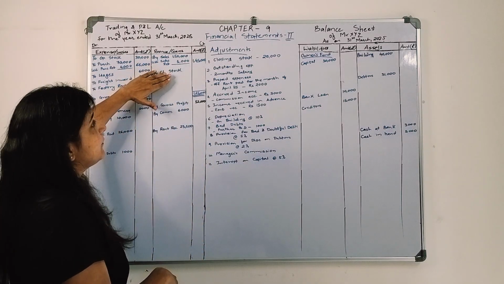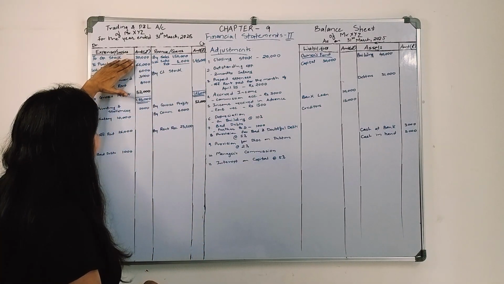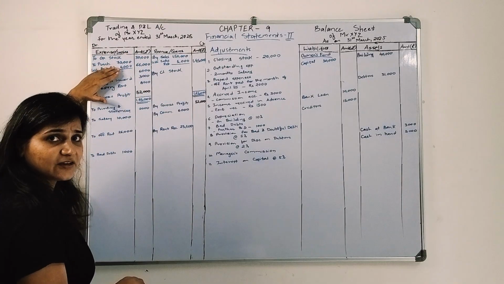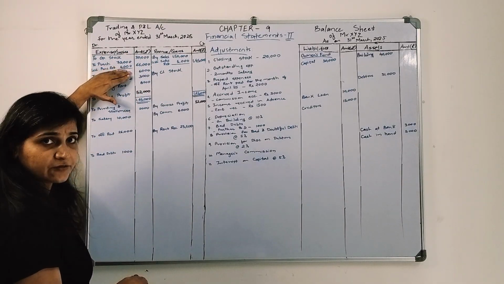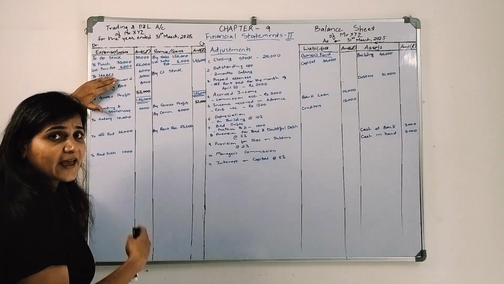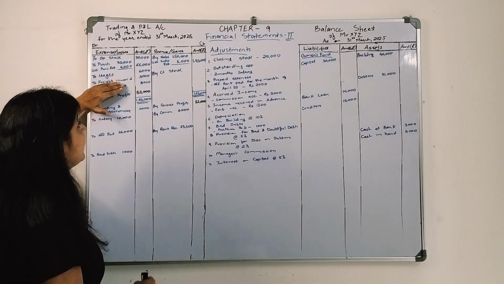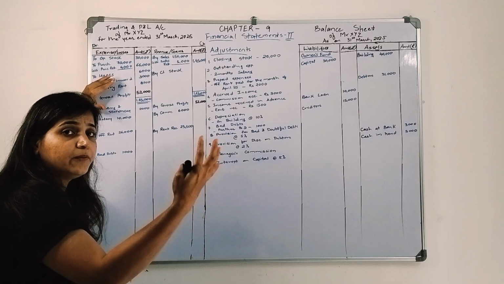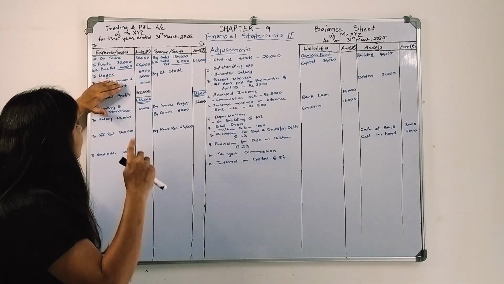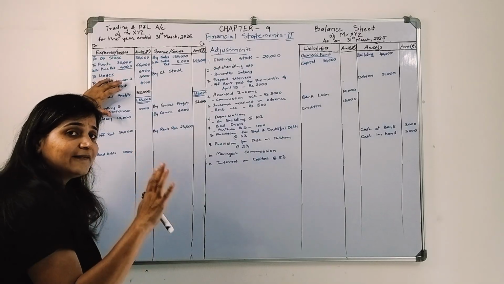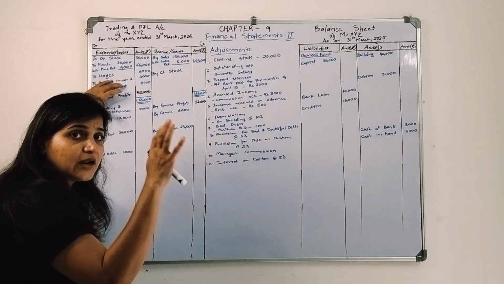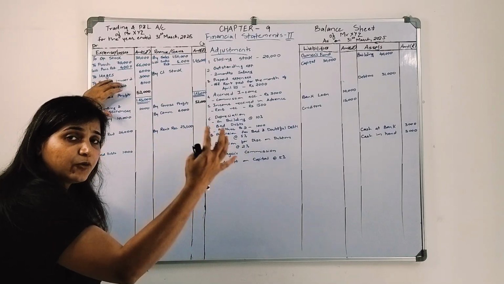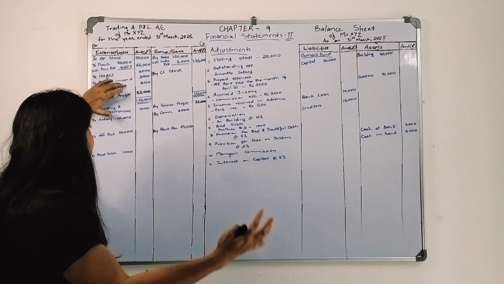We first show the opening stock, then whatever purchases they have made, less purchase return, the wages they have paid to their workers, and freight inward, the transportation costs paid to bring the goods into the business. Remember, there is freight inward. In exams, freight outward can come. Outward means when they sell the goods, the transportation cost they have provided for that.